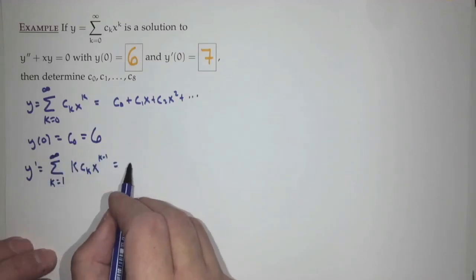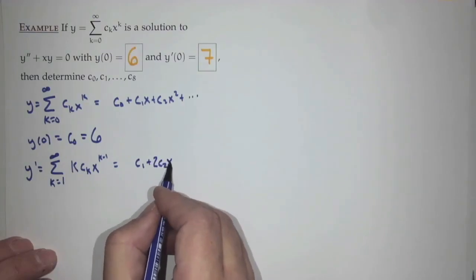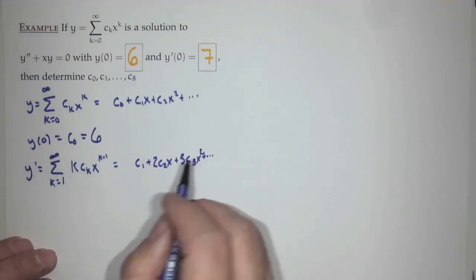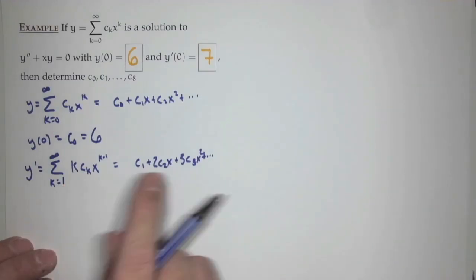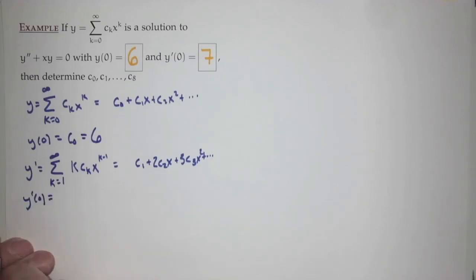Okay, so what does that look like? Well, it looks like C1, 2C2x, 3C3x squared, and so forth and so on. So that's what this looks like. So what is y prime of 0? C1. Wow!